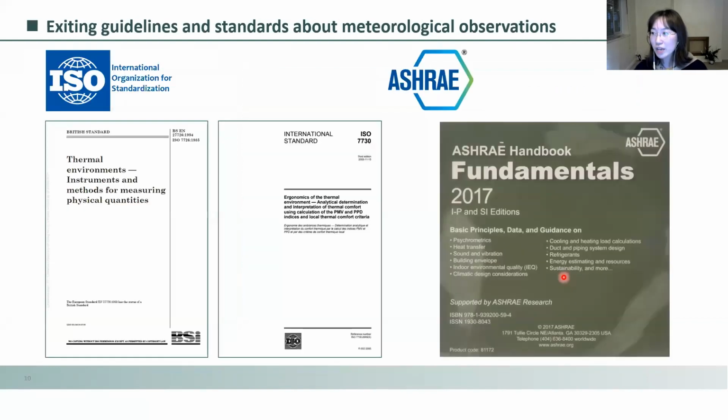And also ISO developed some standards. For example, this one, the ISO 7726, and this one, ISO 7730, are usually mentioned in many field measurement papers. And also, ASHRAE also published a handbook about the field observation.